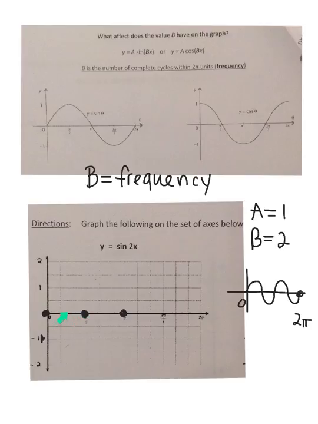So the middle will be 1.5. So I want you to go out to 1.5 and go up to its maximum and put a dot right there. Okay, I'm going to do the same thing. So there's my maximum.